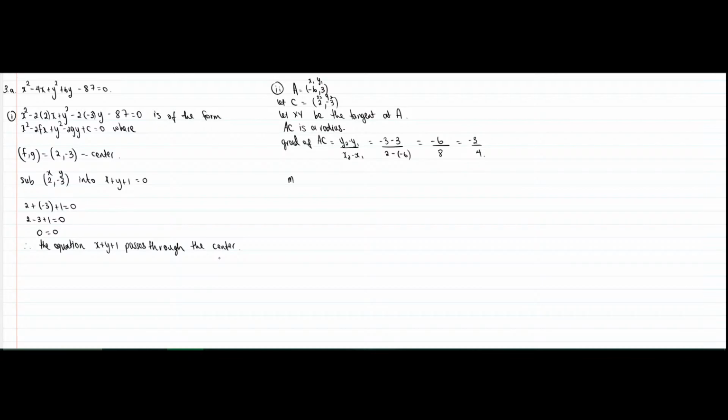The gradient of AC multiplied by the gradient of XY is equal to minus 1, because the product of the gradients of perpendicular lines is equal to minus 1. This statement is very, very important. You get your marks for your statement. So I want to calculate the gradient of XY.